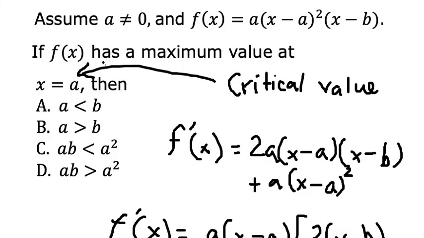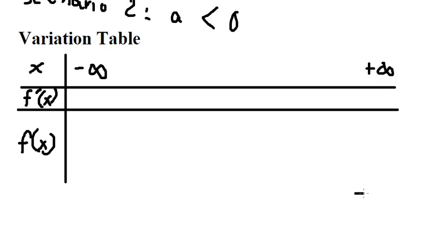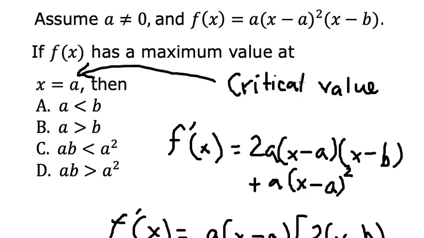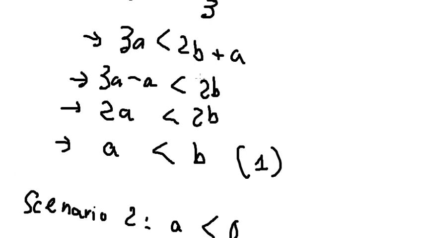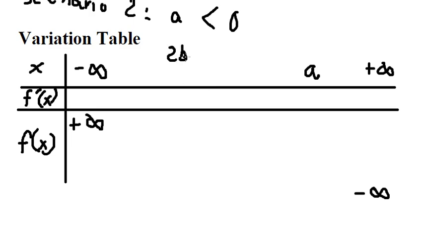When s approaches positive infinity, this one is still positive infinity, this one is still positive infinity, however a is negative, so this one goes to negative infinity. So this one we know is positive infinity. If we want to put a at the maximum value, a should be here and (2b plus a) over number 3 should be here.